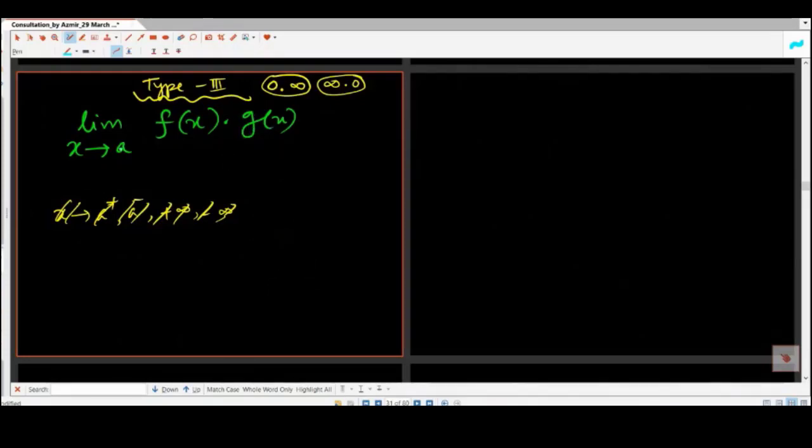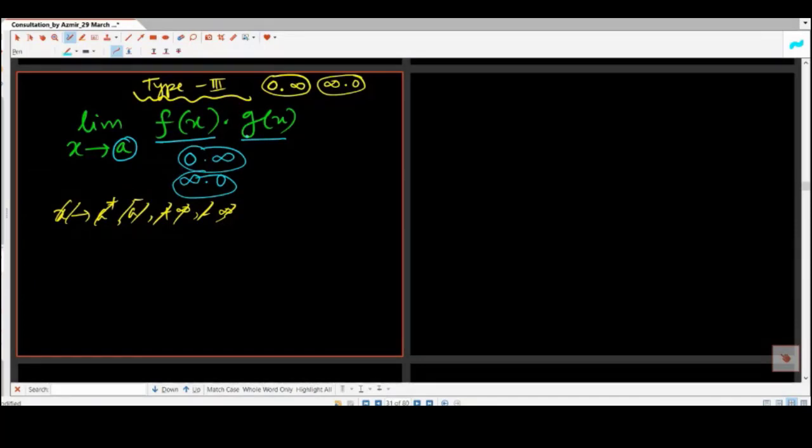So initially if we plug the value of x in this function, it may give us 0, and the second function may be infinity. So we have 0 times infinity form. Also, the first function f of x may give us infinity, and the second function g of x may be 0.